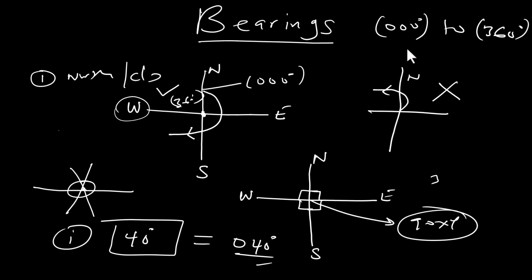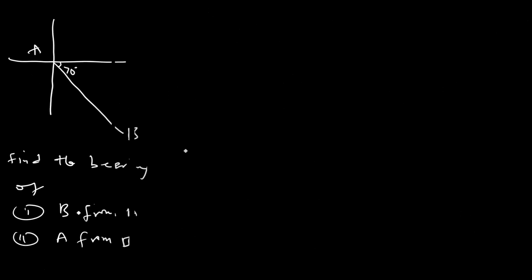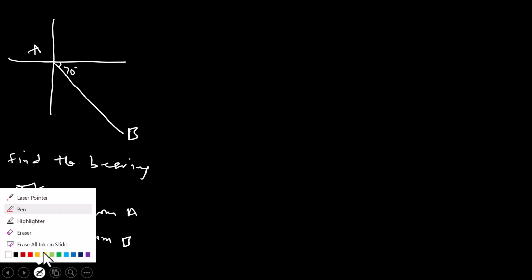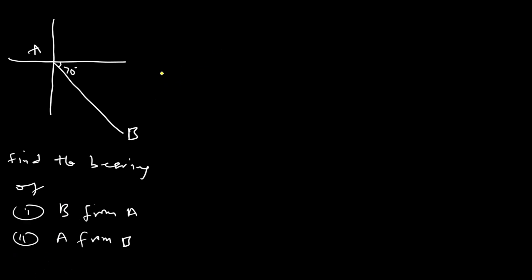We are going to look at the examples one by one. Let's look at this. We have A and B here, and this angle is 70 degrees.